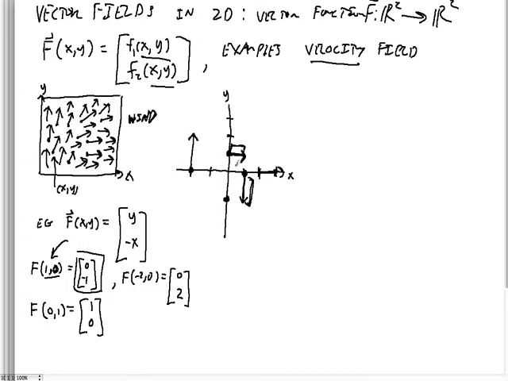So what we're seeing here is as I'm getting further away from the origin, the vectors are getting bigger. And clearly if I take this point and make that a (3, 0), that will be a (0, negative 3). So that's even bigger than before. So that's going like that.